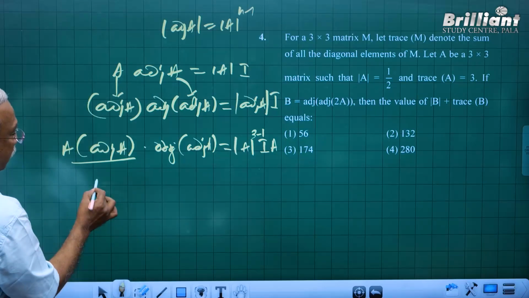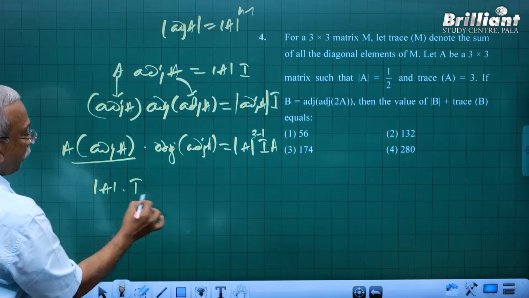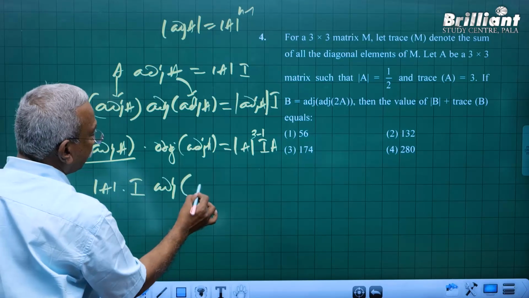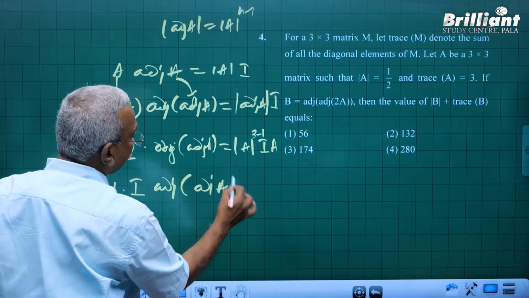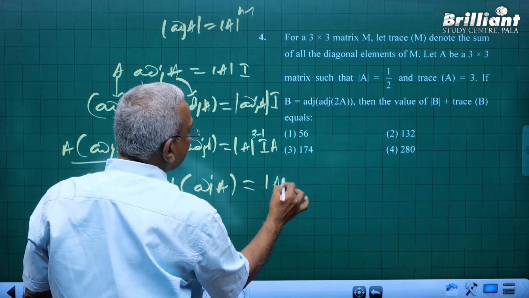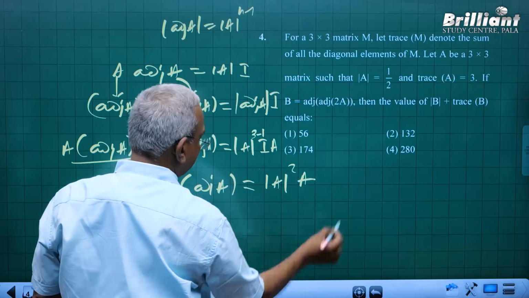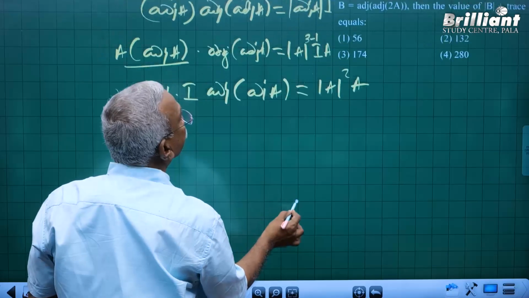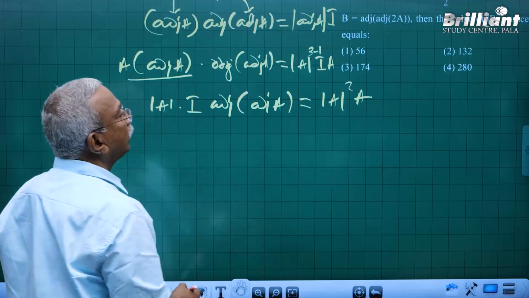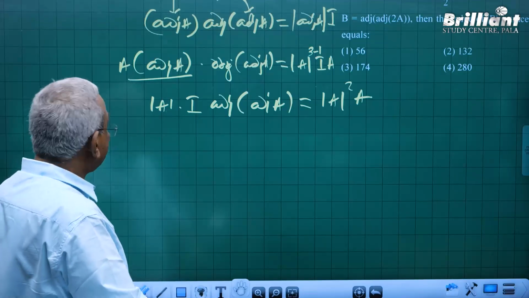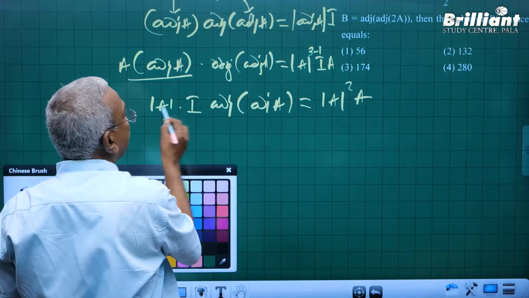So, this again is determinant into I into adjoint of adjoint of A is equal to determinant raised to 2 into A. That means determinant A can be cancelled from this side because I into this will be here.